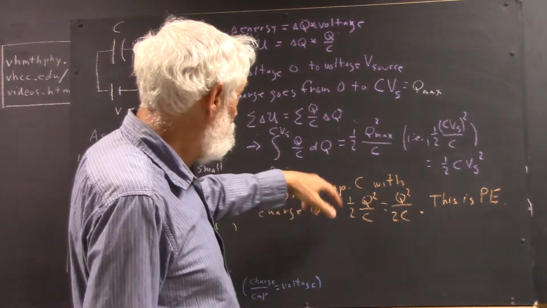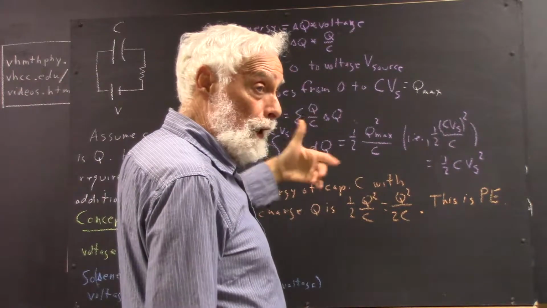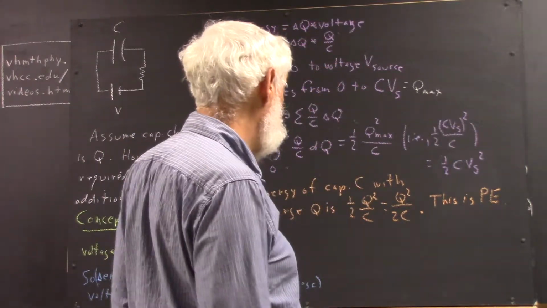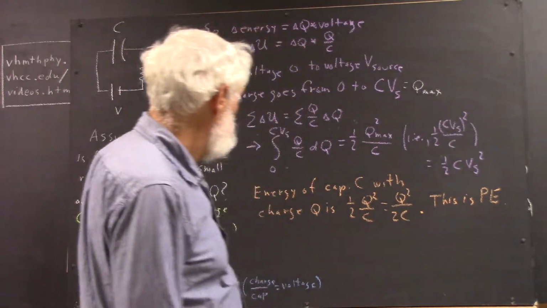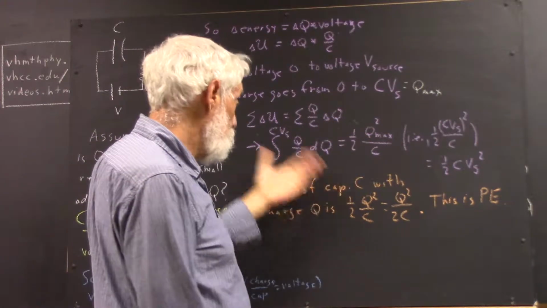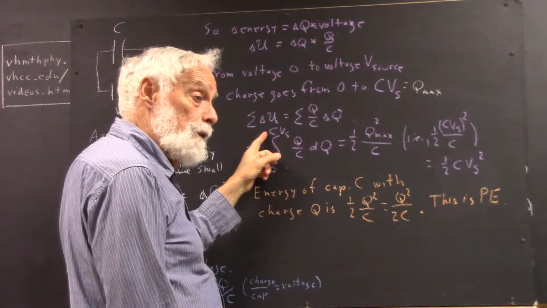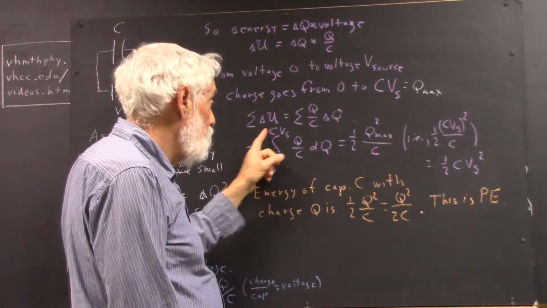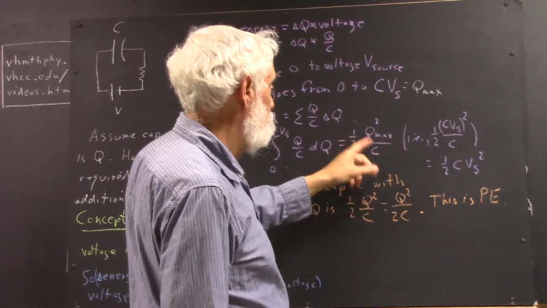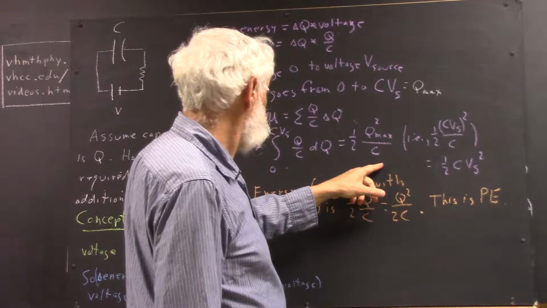You still have the C in the denominator, so you're going to get 1/2 Q squared over C, or if you wish, Q squared over 2C. Then you substitute the limits in. Well, you get 0 here because you're substituting 0 for Q, and you get either C V sub S for your max charge, or I'll use Q max for the max charge.